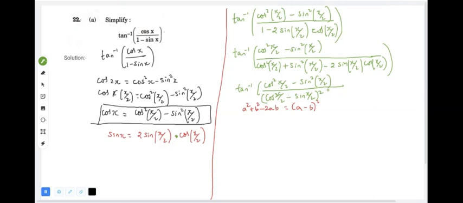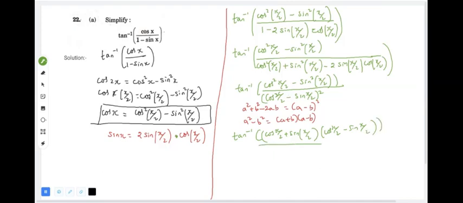So here we can write the upper part as a square minus b square formula. Again, a square minus b square can be written as a plus b into a minus b. So if you write that in place of cos square x by 2 minus sin square x by 2, we get cos x by 2 plus sin x by 2 into cos x by 2 minus sin x by 2, divided by cos x by 2 minus sin x by 2 whole square.